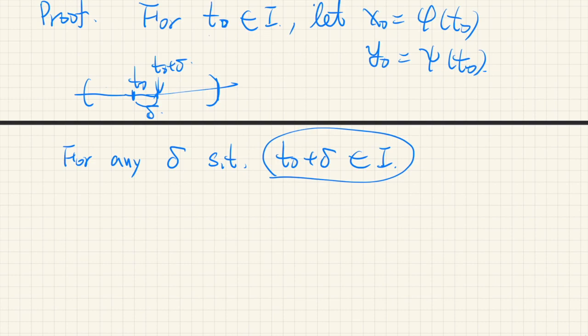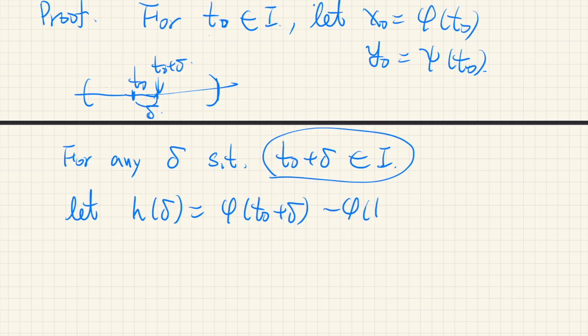Then let's say h of delta is phi of t0 plus delta minus phi of t0, and k of delta is psi of t0 plus delta minus psi of t0.